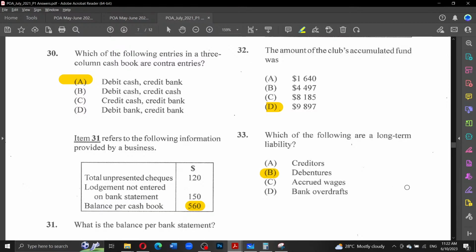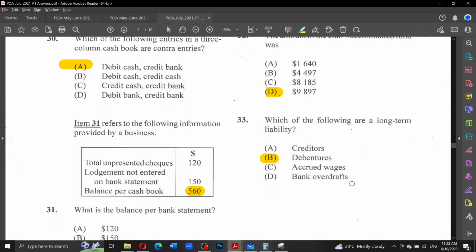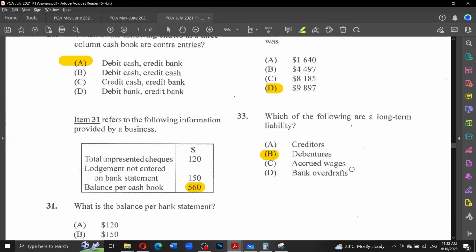Accrued wages, like I said earlier, it's illegal to be owing an employee for an extensive period of time. Bank overdraft is for a short period of time and you have to pay back the bank, and it's usually at a very high interest rate, higher than a bank loan. So the best answer is debenture, and you normally find this in companies.